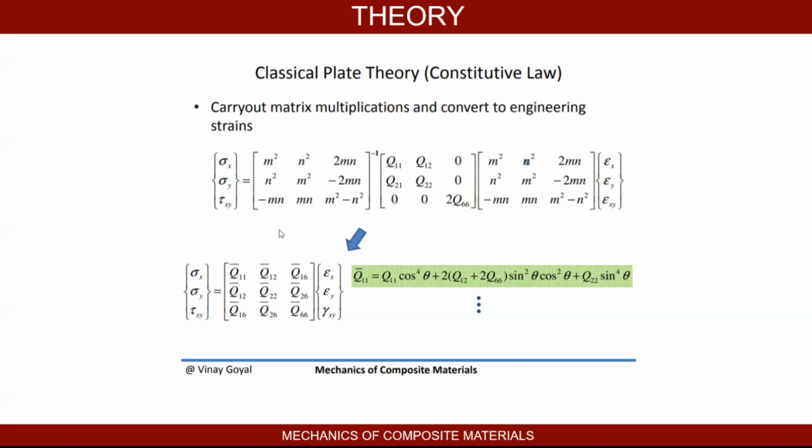So that will give the, as opposed to the 1-2 or principal directions, you'll be able to transform the stress and strain relationship in the lamina direction using a QBar matrix.